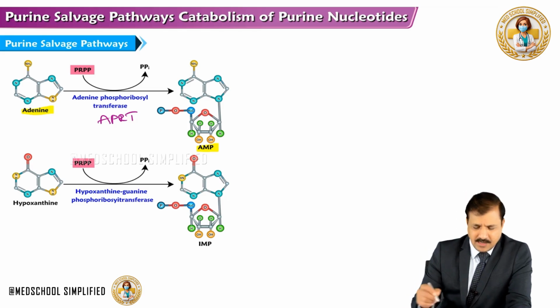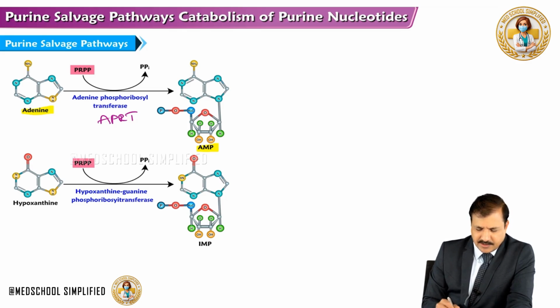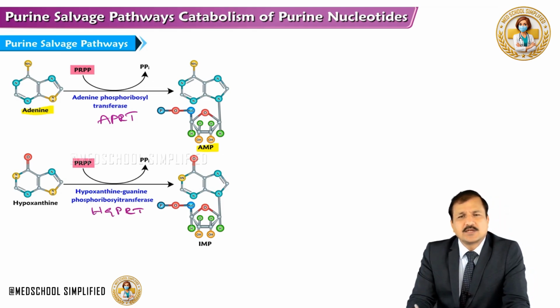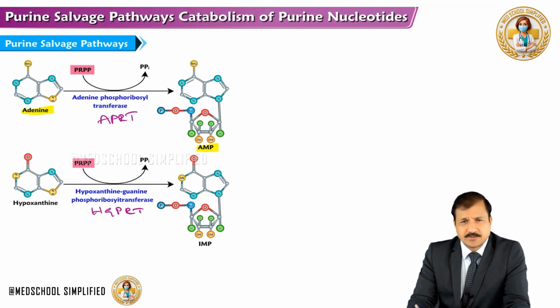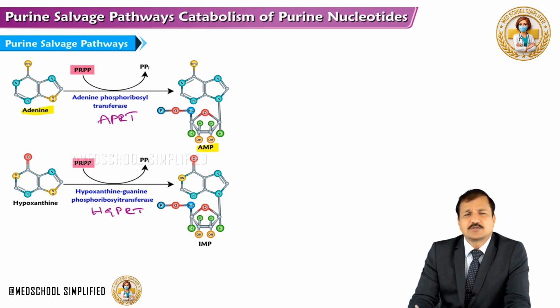In the same way, hypoxanthine is converted into inosine monophosphate by HGPRT. That is hypoxanthine-guanine phosphoribosyl transferase. Similarly here, ribose 5-phosphate is transferred from PRPP and hypoxanthine is converted into IMP.